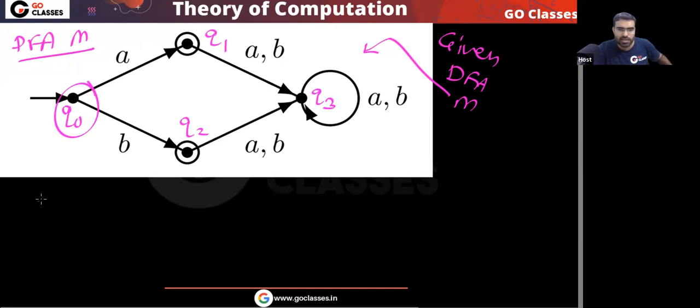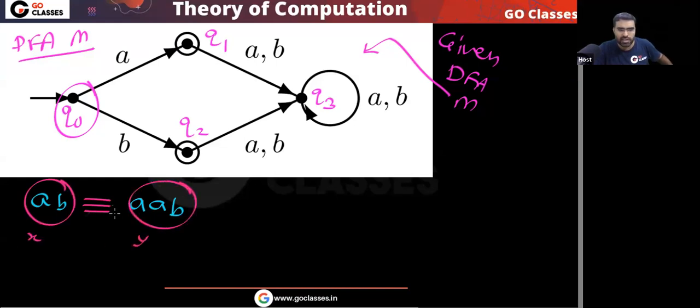In this DFA, can I say these two strings, AB and AAB, are equivalent? This string X, this string Y, are they equivalent? From the initial state Q0, when you read AB, where will the DFA go?